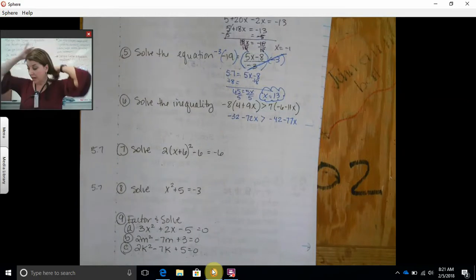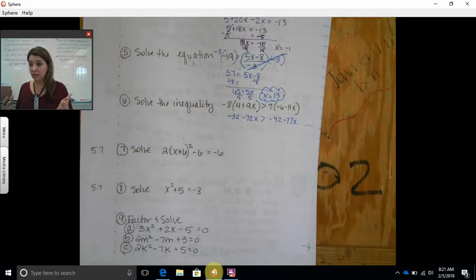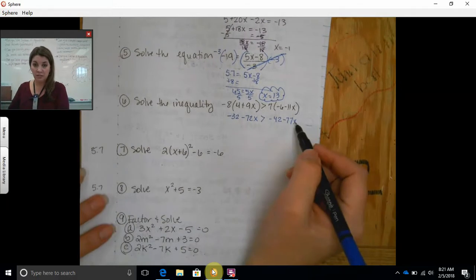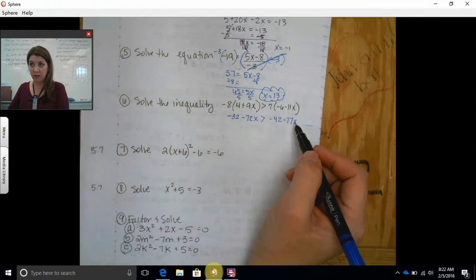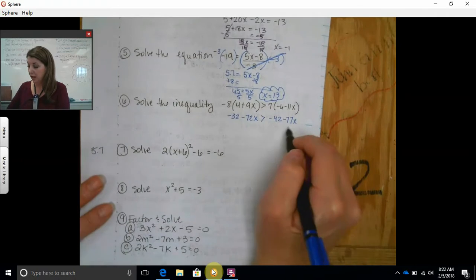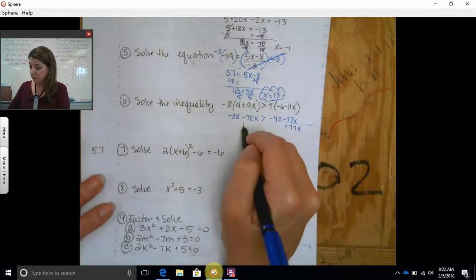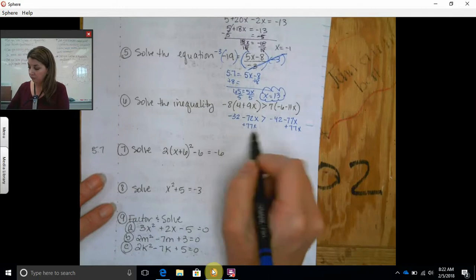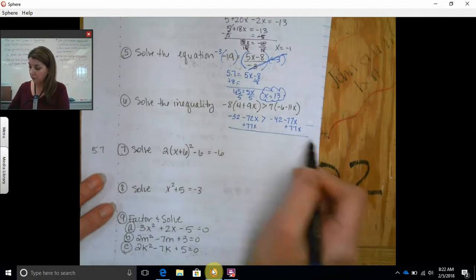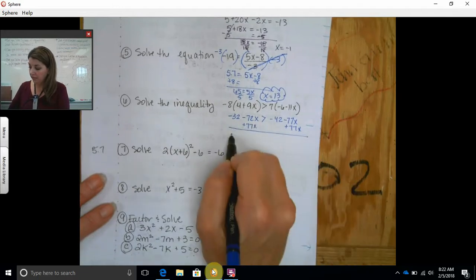It does not matter what you move where. My x's, I want to make them positive, so not that you have to, but you'll end up having to divide by negative. So I would add 77x to both sides. And so I'll have negative 32.